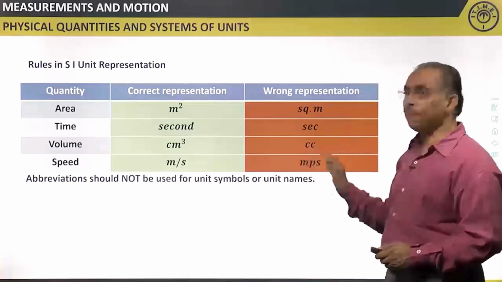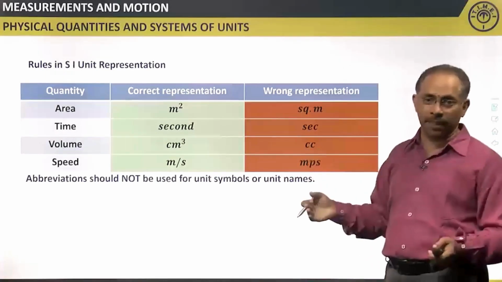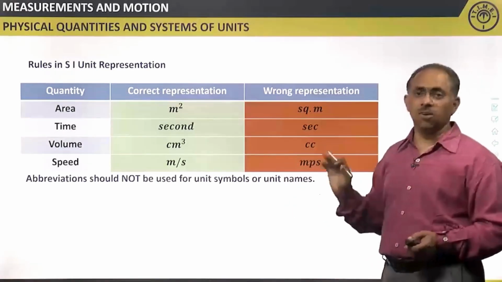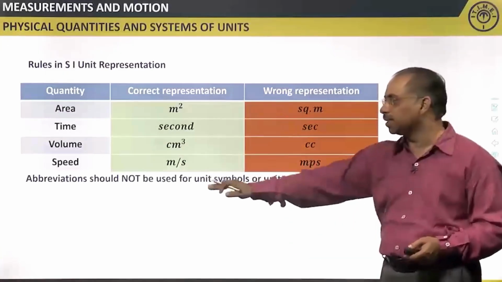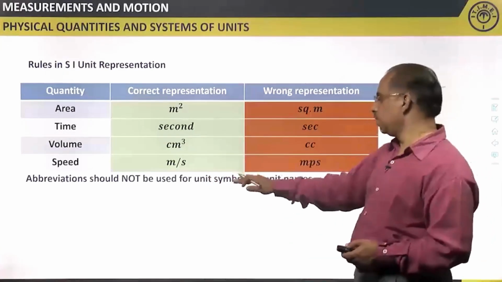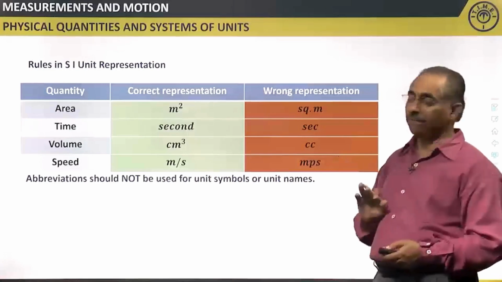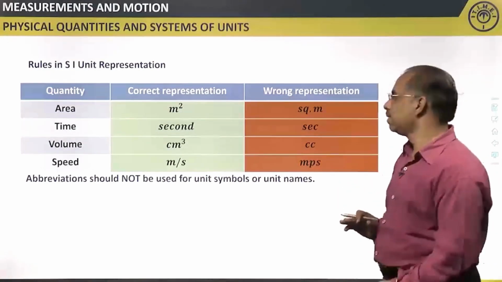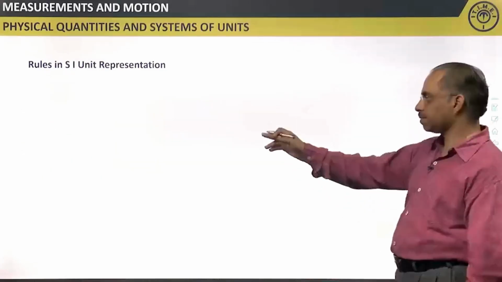I cannot write mps this way, stating meter per second. This is the wrong notation. That is what the rule says: abbreviations should not be used in the unit symbols or unit names. Very clear. Next rule, let us see.